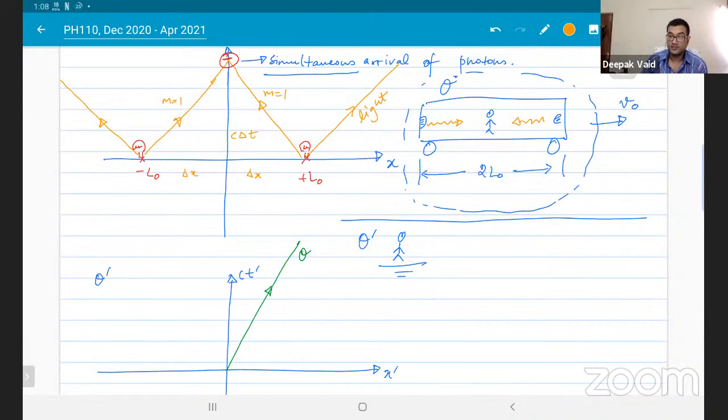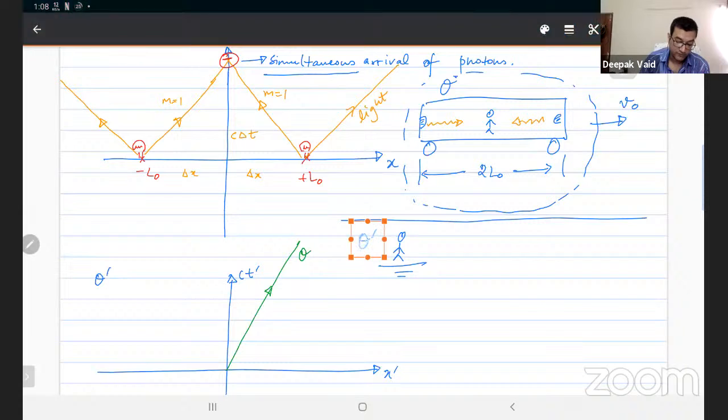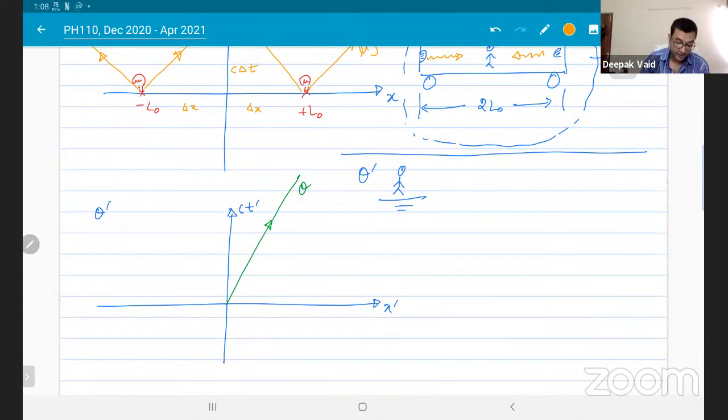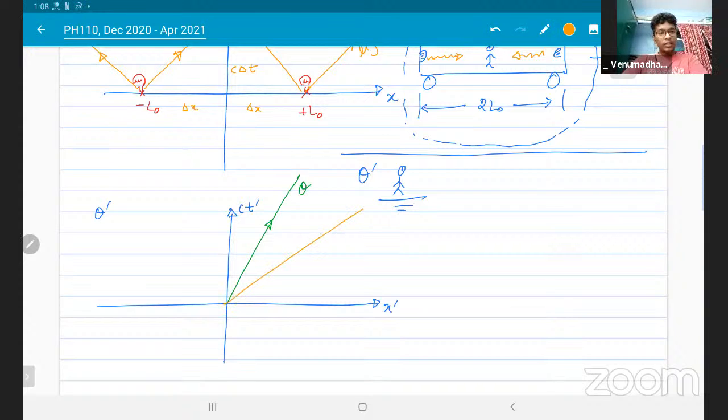No, we are working with relativity now, right? The speed of light won't change. As seen by O prime also, these beams are moving at the same speed. So how would I draw it in the diagram? I would draw them again as 45-degree lines, exactly.